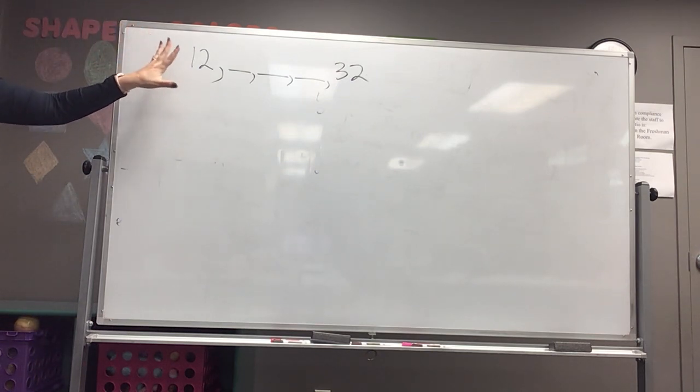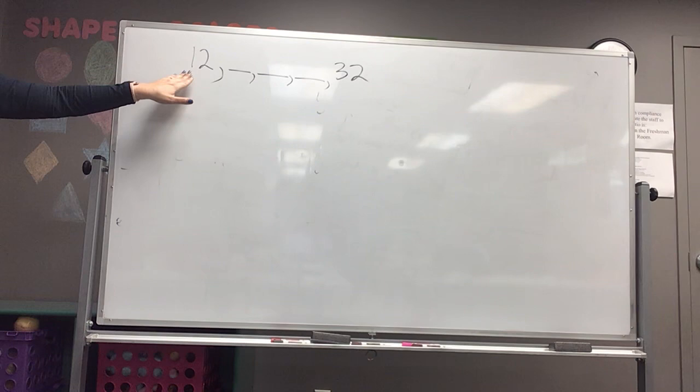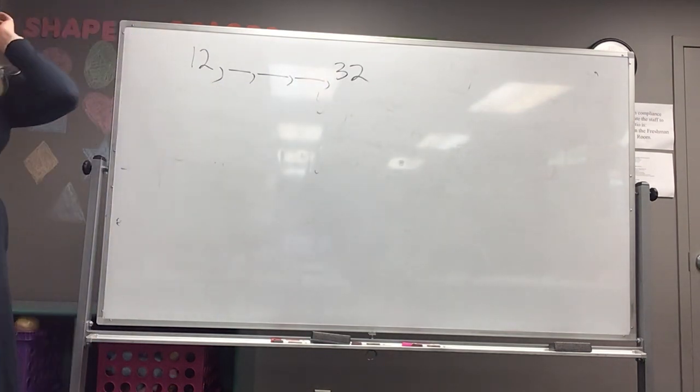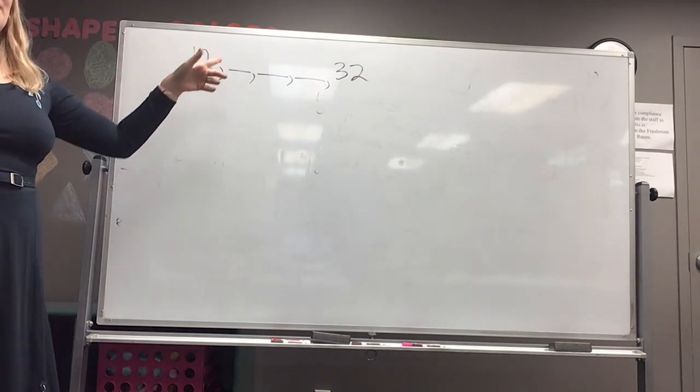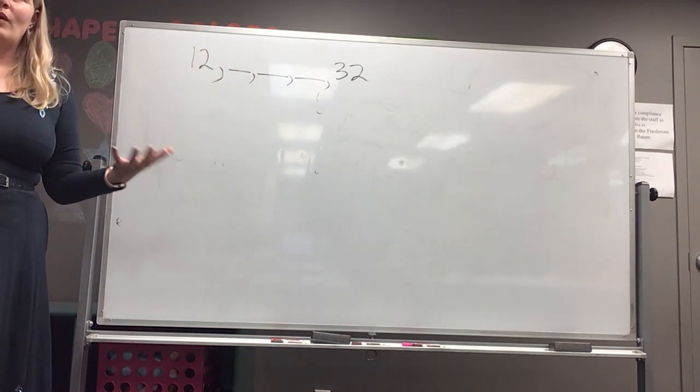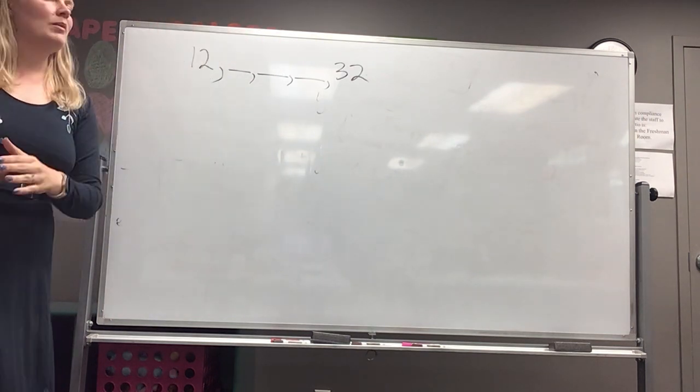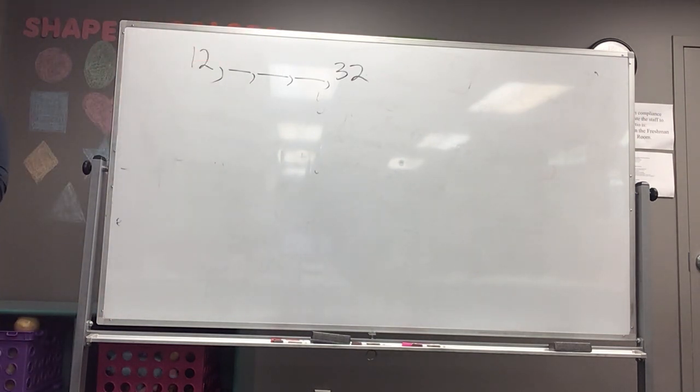What would the common difference be for this situation? We know 12, we know there are 3 blanks, and we know 32. How can we find that common difference? Because we are looking so that the difference between consecutive numbers right after each other are the same. We don't want it to be a different amount each time, but we want to change that same amount and have these 3 numbers line up perfectly.